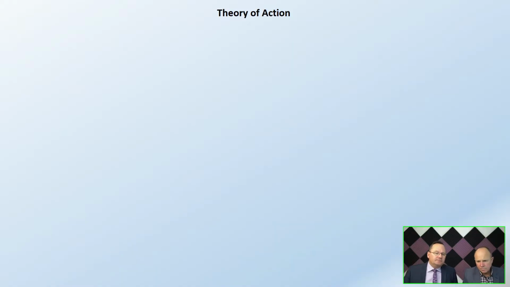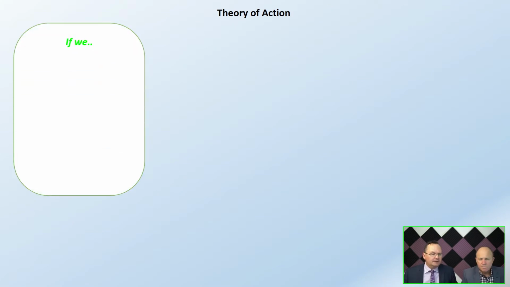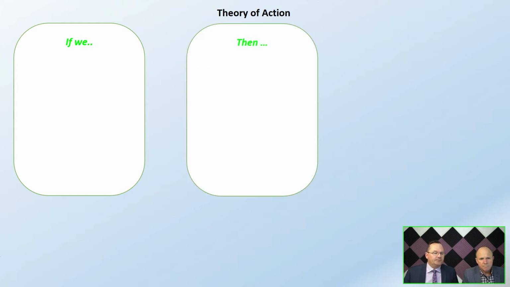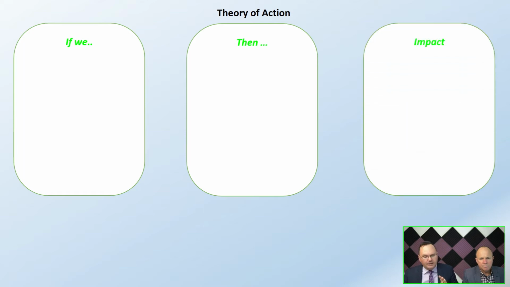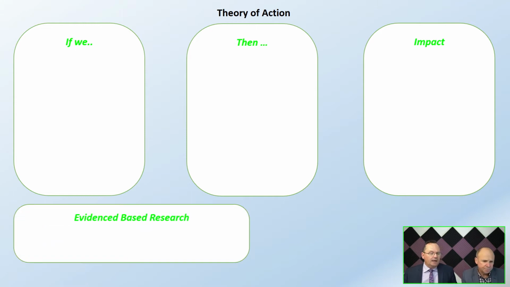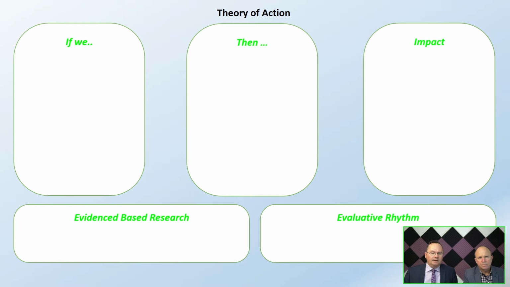So James, our very simple tool breaks it down into 5 components. The first section is if we, so we describe what we're going to do, then what will happen, finally the impact in terms of student learning and outcomes, the evidence-based research that we come from for doing it, and finally our evaluative rhythm, so how we're going to measure and monitor the performance.